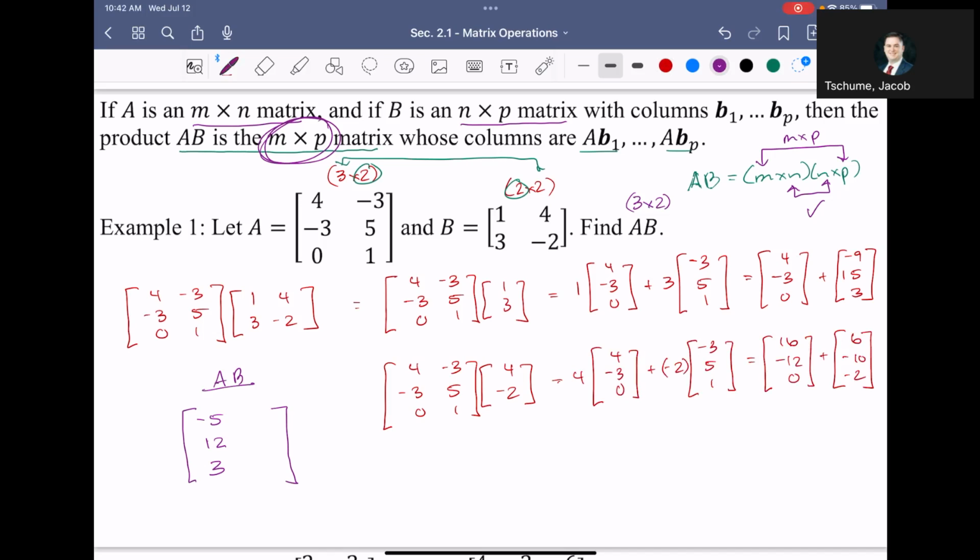When you add these two vectors together, this is going to give you the second column of A times B. So 16 plus 6 is 22. -12 plus -10 is -22. And 0 plus -2 is -2. And you have just found the final product of AB, which we can now verify from the beginning, did come out to be a 3 by 2 matrix.